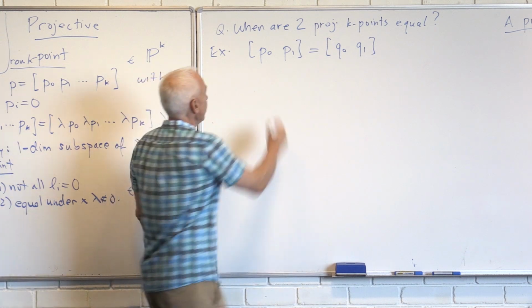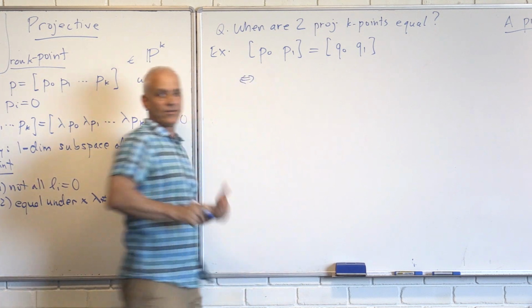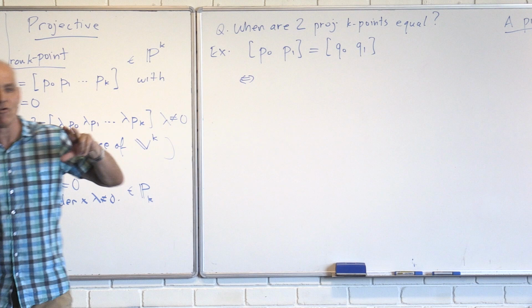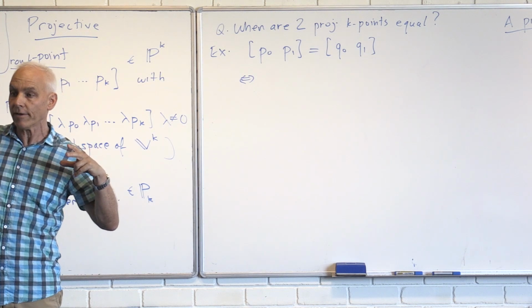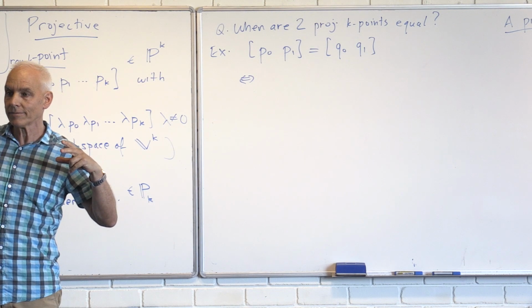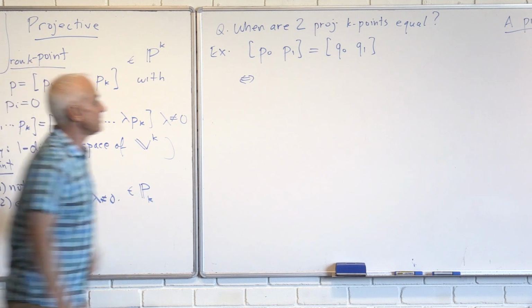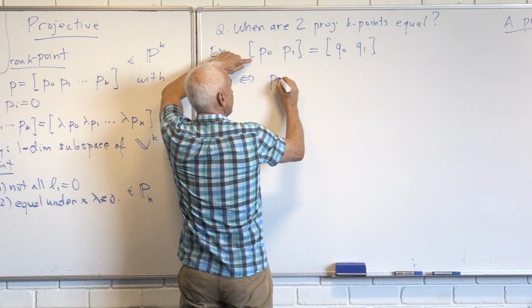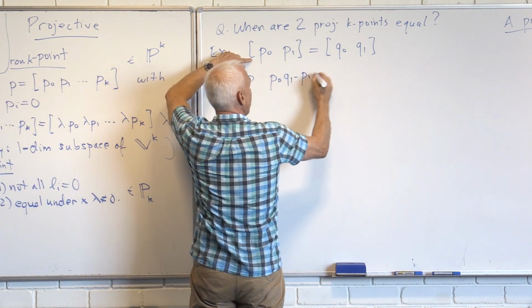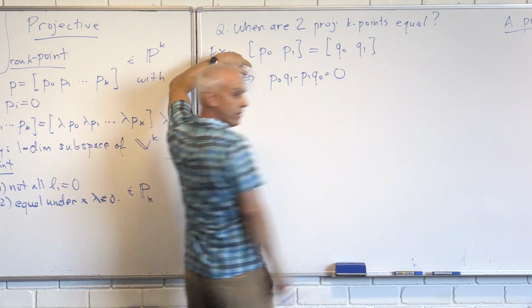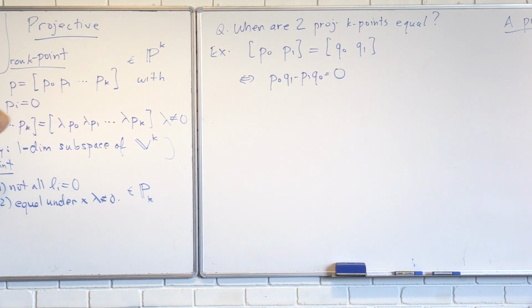Well, it's not hard to see. This is just like asking, when is the fraction A over B equal to the fraction C over D? And the answer is when P0 Q1 minus P1 Q0 equals 0. So that little determinant is exactly what we need to compute to check whether the two projective points are the same or not.